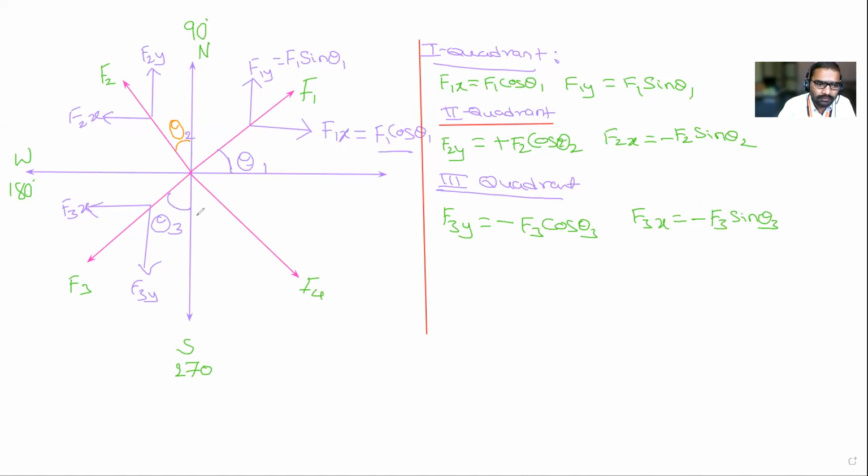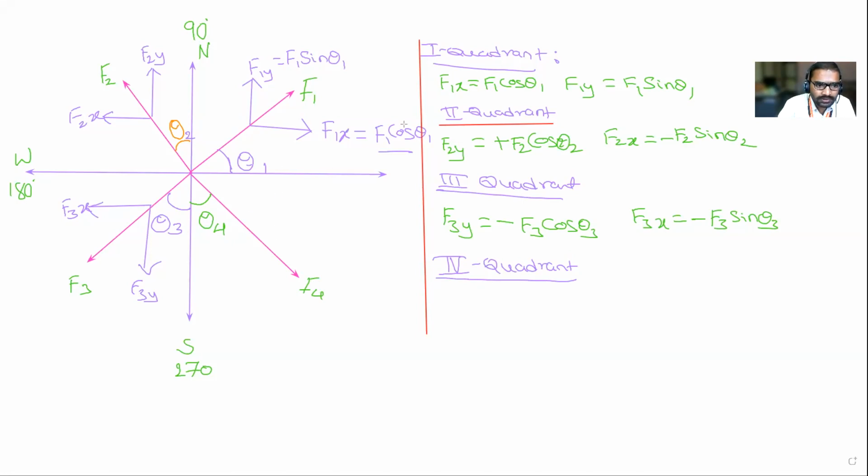Yes sir. So I will take one more theta here, and I will take it with respect to the vertical. So this is theta 4. F4 is making an angle theta 4 with respect to the vertical, in the fourth quadrant. First I have to write the cos component. Cos is along horizontal or vertical? Vertical.